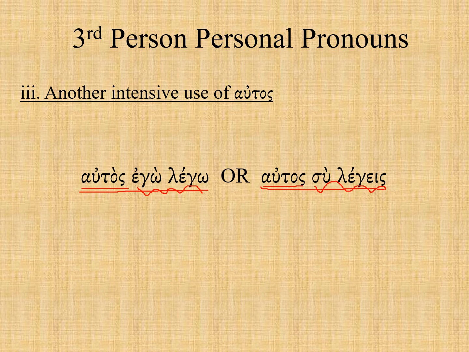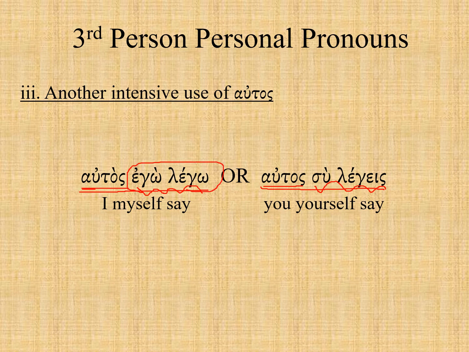So in this situation, it is the intensive use of autos. I myself say. Obviously, this means I say, and the autos in front of ego gives it an intensive usage. So we would translate in English, I myself say. And notice here, autos combined with sy leges, you yourself say.